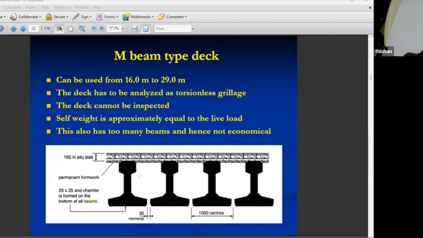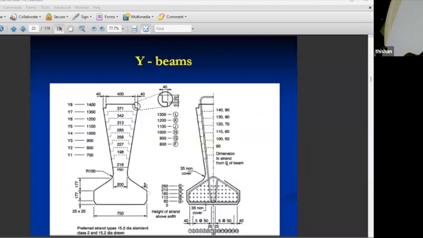But the problem is that here you can see the bridge is not accessible for any inspection. You can't see it. So then they thought, let's see whether we can go for another form. And they came up with this one because here the bottom flange is only 7.